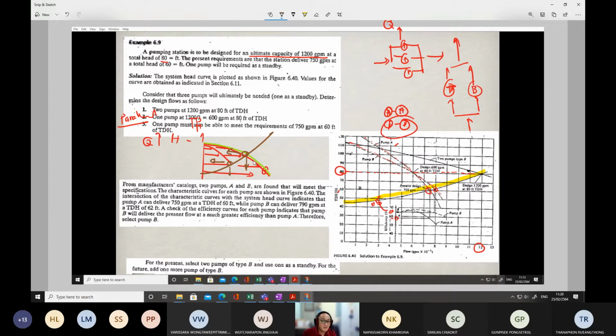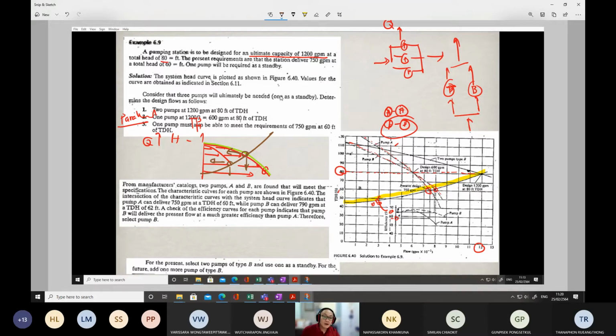So you find the positions where the pumps will be in operation. So this is how we modify the pump curve if we have two pumps or more than one pump in operation.